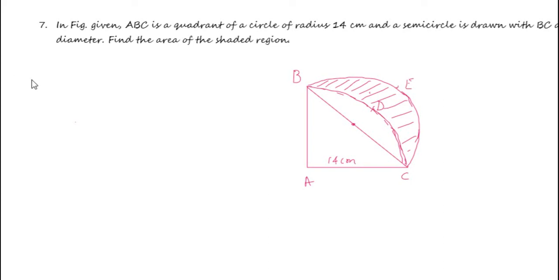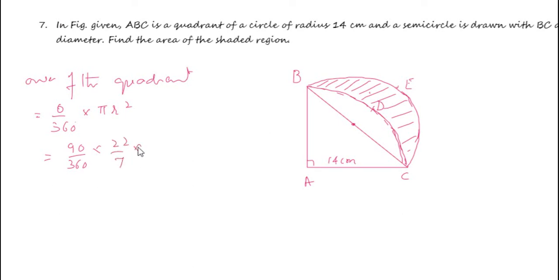So area of the quadrant is equal to theta divided by 360 into pi r square. Theta, this is a quadrant, so it is 90 degree, divided by 360 into 22 divided by 7 into r is 14 into 14, r square, not r.